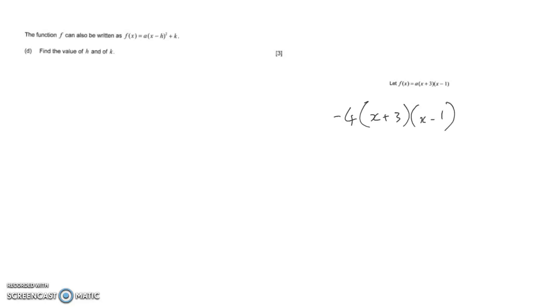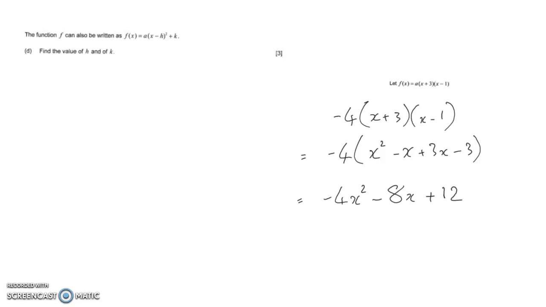Just reminding ourselves a little bit of FOIL, we get -4 times x squared, outsides, insides, and lasts. We can multiply all this out to be -4 times x squared, x plus 3x gives me 2x, multiplied by -4 is going to be -8x, and then we get plus 12.